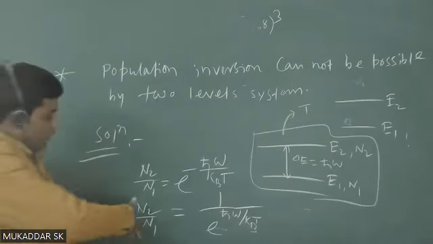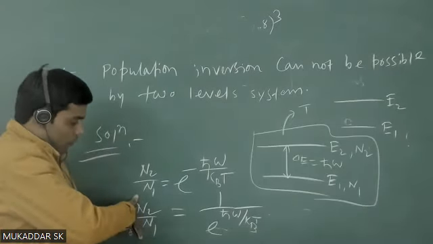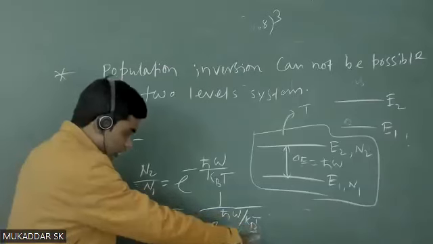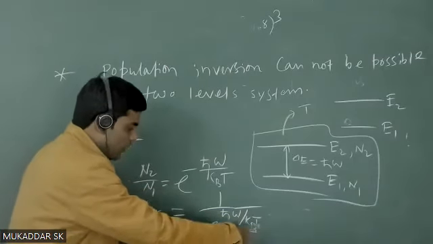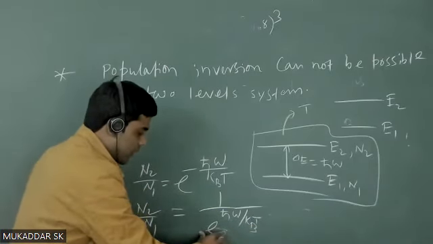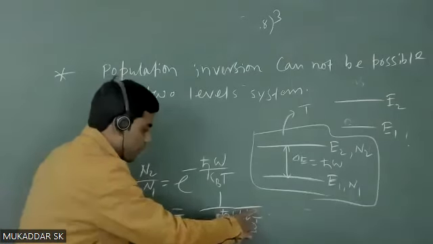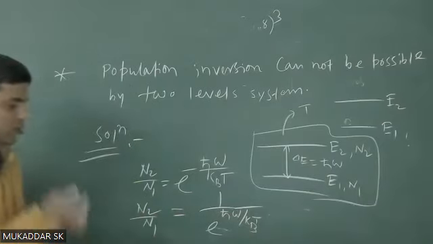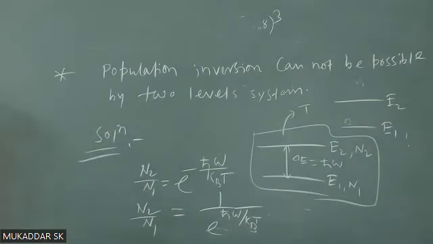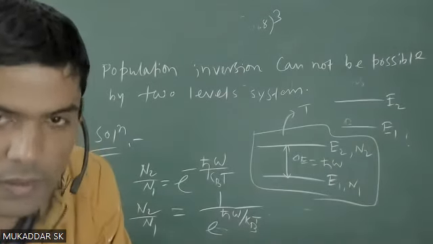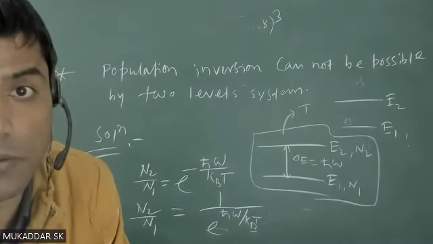Again I am repeating, N2 by N1 will be maximum when the right hand side denominator will be minimum, and that happens when the exponent power is minimum. And how much is the minimum possible value of this power?